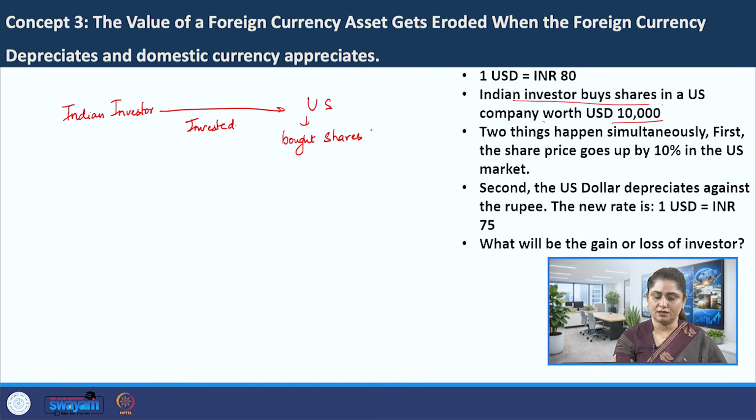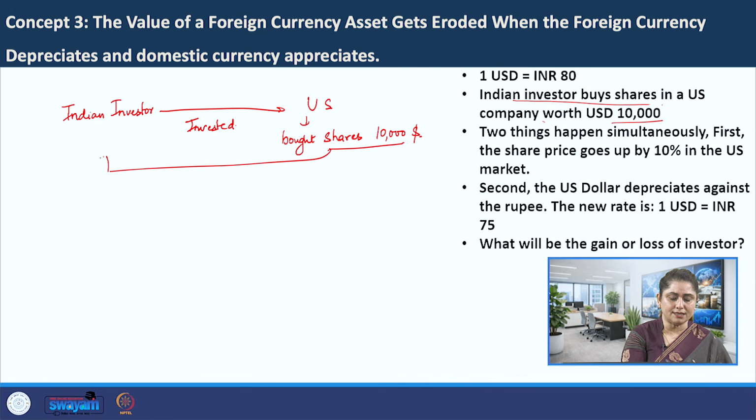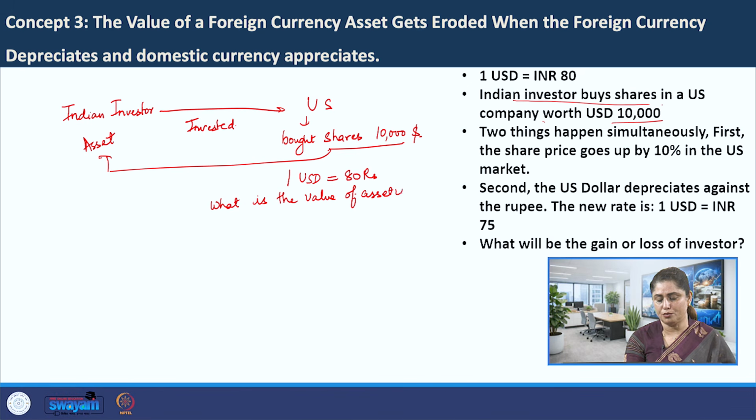What is the share value? It is $10,000. Fine. So, these shares are actually the asset for the Indian investor. Now, when $1 is equal to 80 rupees, what is the value of the asset in rupees?